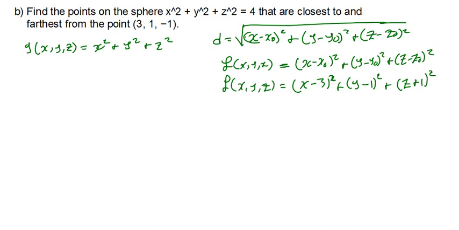So once again, we only have one constraint, hence we just now need to determine the vector equation. So for my constraint, which is my g(x, y, z), that will be equal to 2x in the i plus 2y in the j plus 2z in the k.